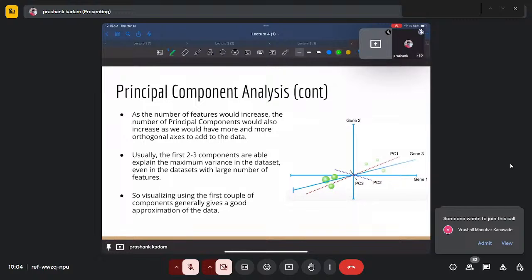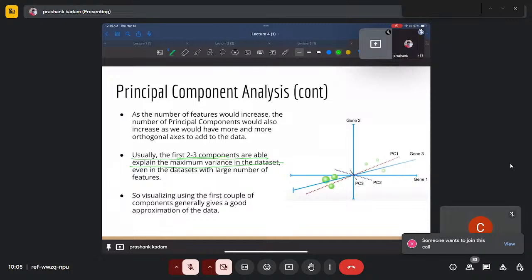Now, as the number of features increases, the number of possible principal components that you can create can also keep on increasing. So it is usually very difficult to visualize, but the first two to three components are able to explain the maximum variance of your data set. So usually in practice, we stick to the first two or three components to see how the data is behaving, because the lower components are encapsulating the less contributing features in the data.